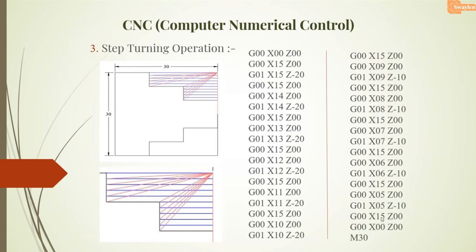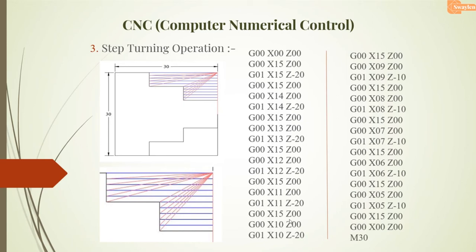And now again the tool moves to the home position, and M30 means program end. So you will see the step is here, all the cutout is here.